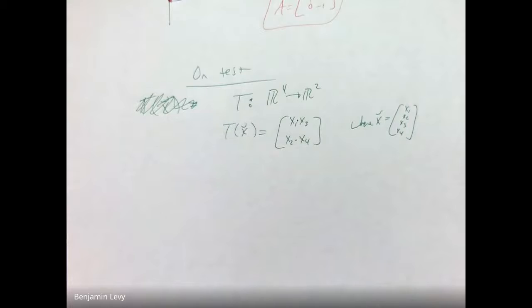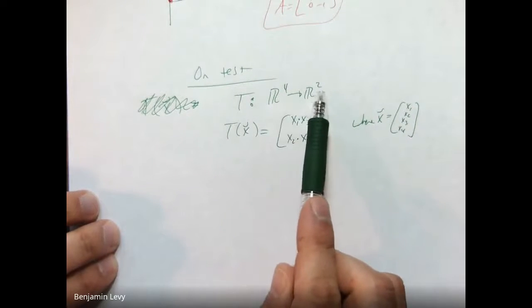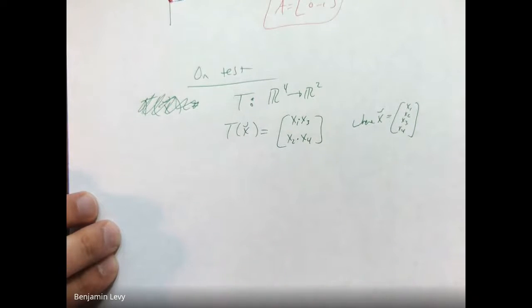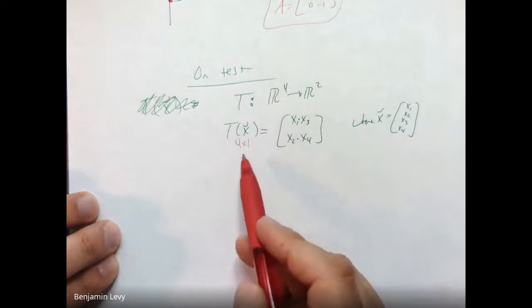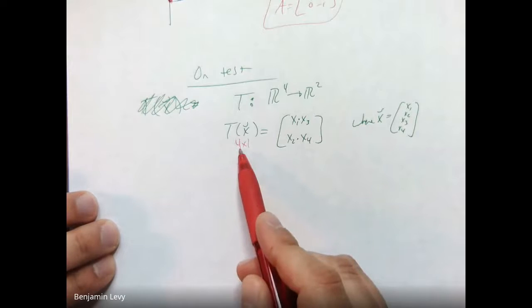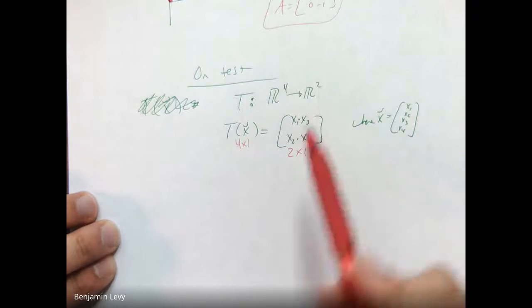If I ask something like this, I'm saying we take vectors in R4 and they get sent to R2. This vector right here is 4 by 1, so it's x1, x2, x3, x4. But then when you apply the transformation, it becomes a 2 by 1. So that's the R4 to R2 thing.